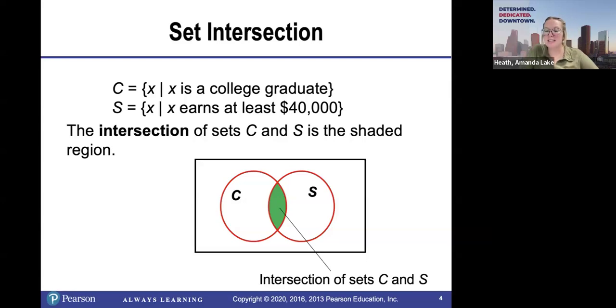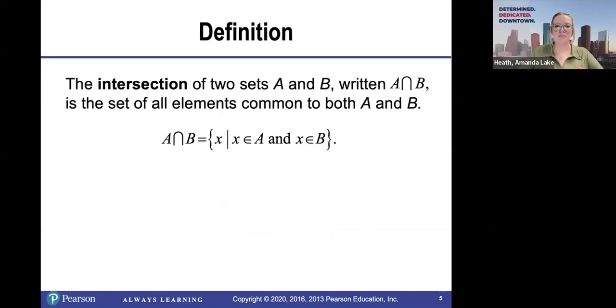We can visualize this in a Venn diagram where C is represented by the circle on the left, and that's all of the college graduates, and S are all of the people who earn at least $40,000, and the section in the middle is the intersection, the overlap between the two.